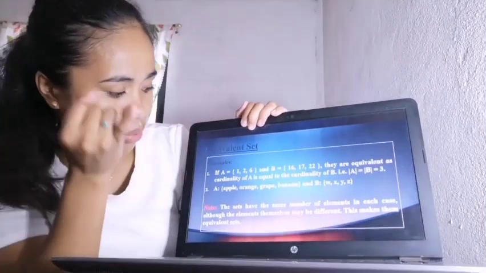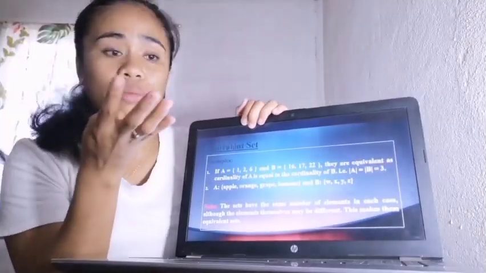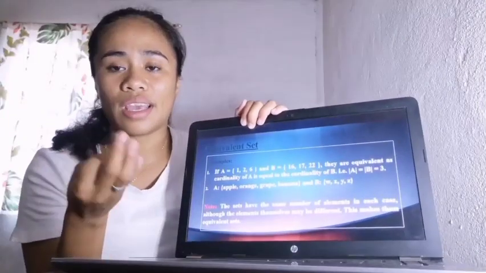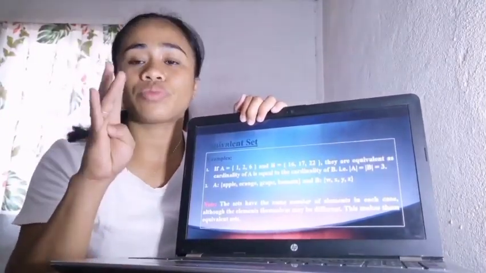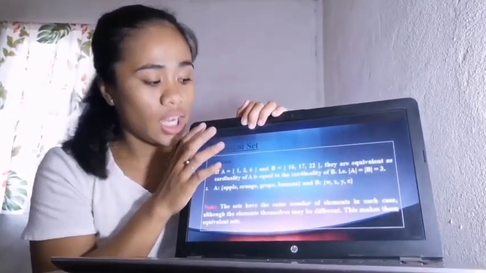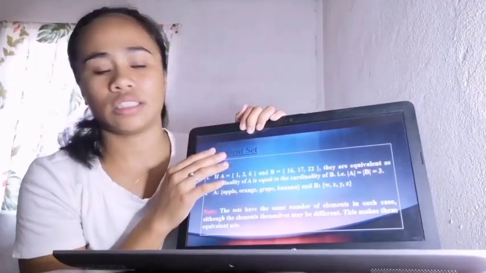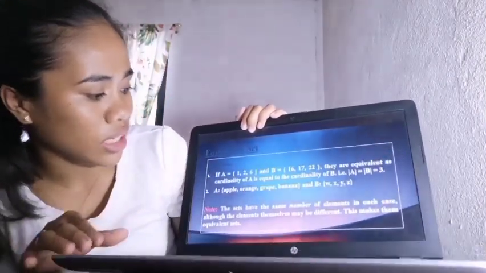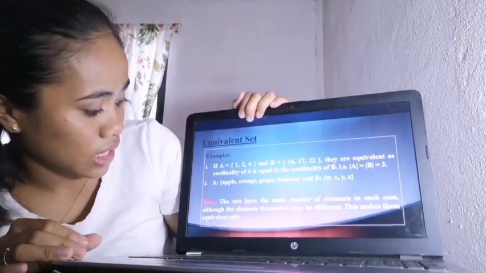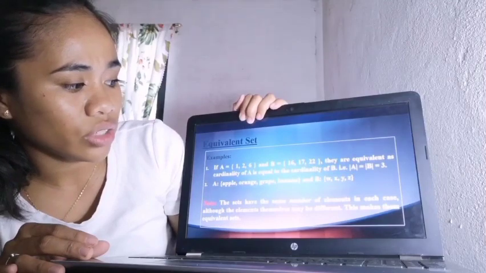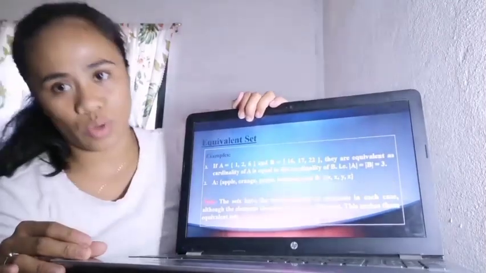So we have apple, orange, grapes, and banana, and for set B, we have W, X, Y, and Z. There are 4 elements in these two sets. That's why it is called an equivalent set. Take note that the sets have the same number of elements in each case. Although the elements themselves may be different, this makes them equivalent sets.